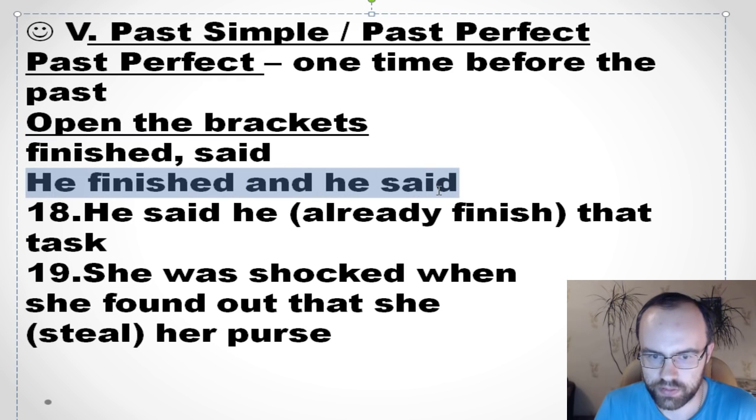But we have another situation here: the same situation, I mean that he finished and said, but the finishing is in the second part of the sentence.